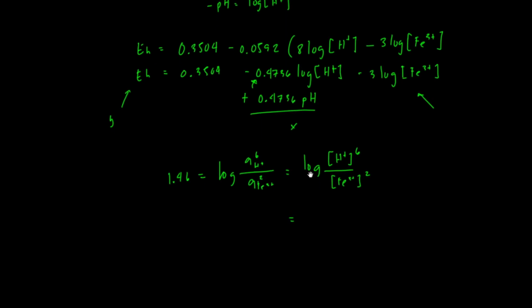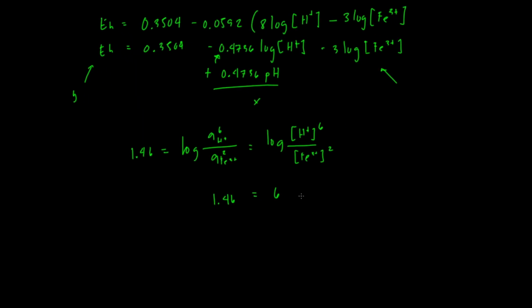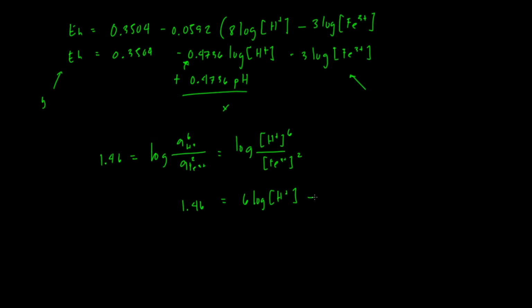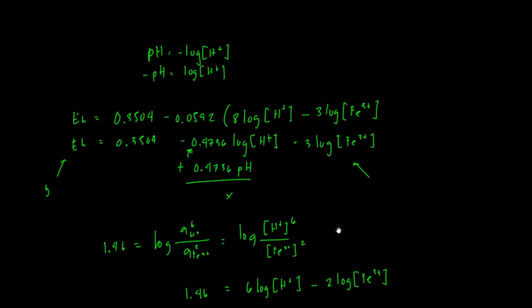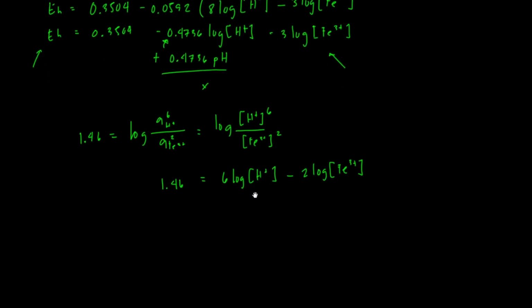Tapos if we break the logarithm down, we should get 1.46 is equal to 6 times logarithm of H plus minus 2 times logarithm of Fe3 plus. Okay? And we remember that your log H plus is equal to negative pH. Therefore, ito, papalitan lang natin.